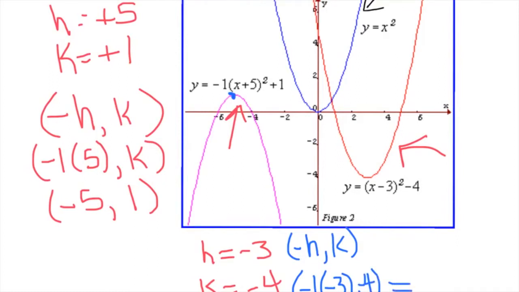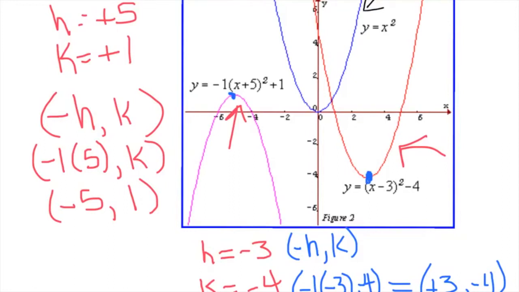We should be able to know that negative 1 times negative 3 is positive 3, and our negative 4 won't change. When we look back at our graph, we should be able to see that the point 3, negative 4 is exactly where our vertex is.